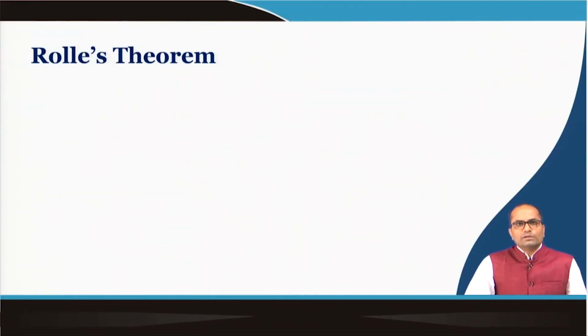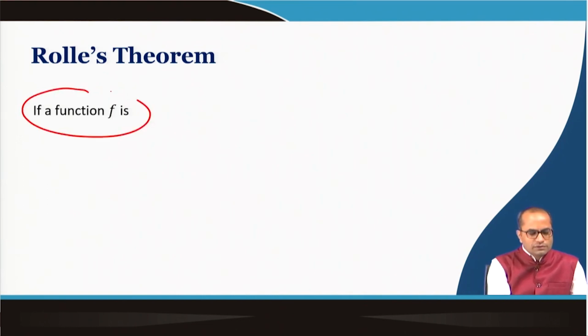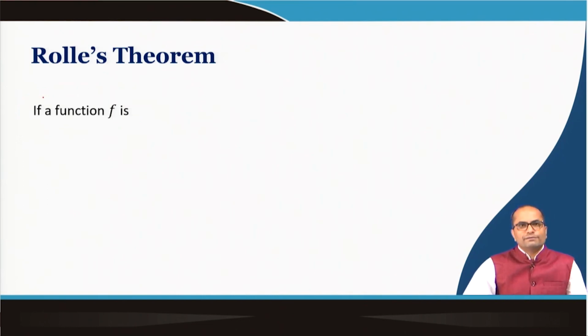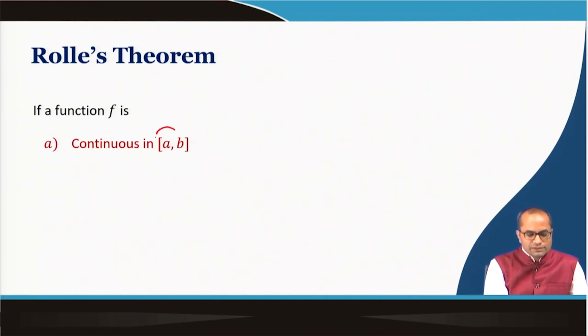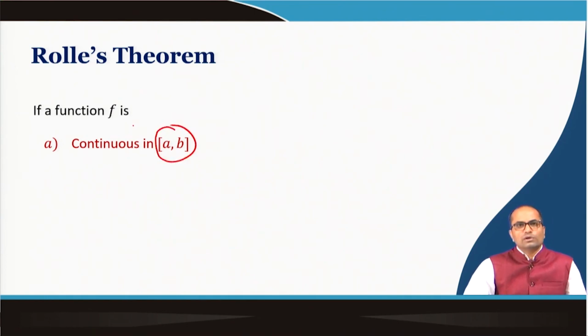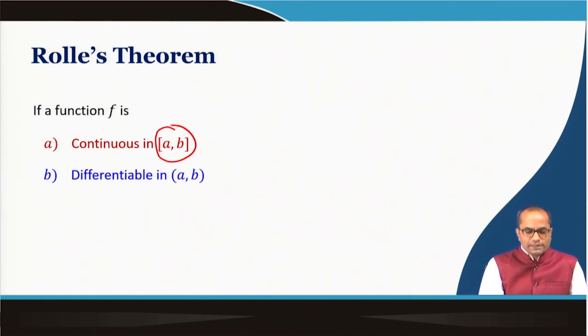So, here coming to the proof of this Rolle's theorem, or first the statement, then we will see the proof. If a function f, so we are defining some conditions on the function f. So, if a function f is continuous in the closed interval a b, so the function has to be continuous in the closed interval a b and differentiable in the open interval a b.